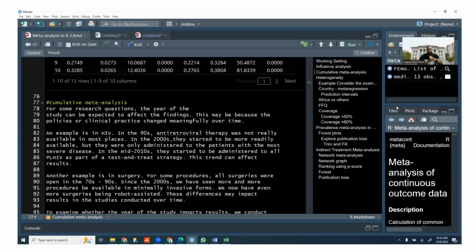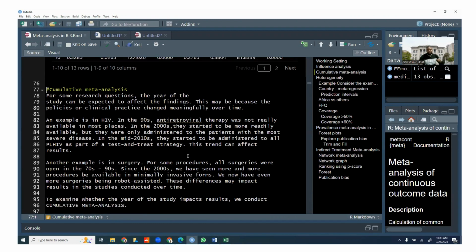But today we have a test and treat strategy where most people initiate antiretroviral therapy the moment they're diagnosed with HIV or as soon as possible. That change over time often affects the results in HIV research, because antiretroviral therapy is such a key component of the effectiveness of most interventions in this space.